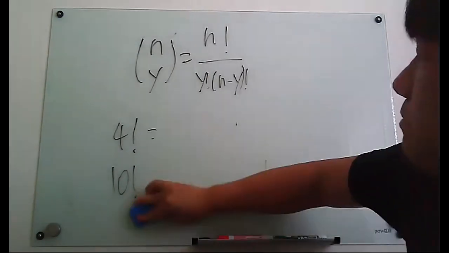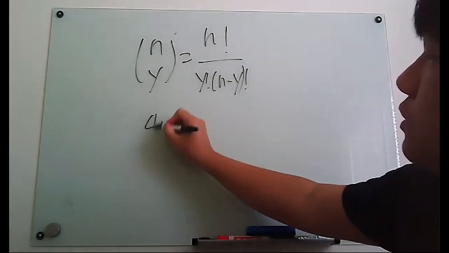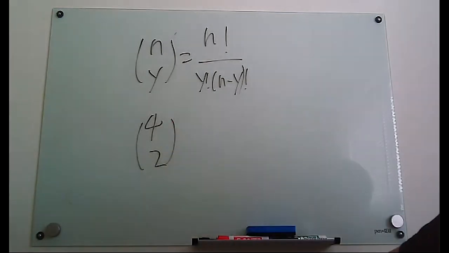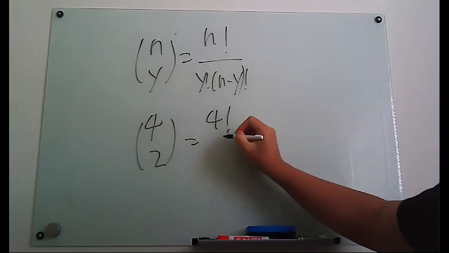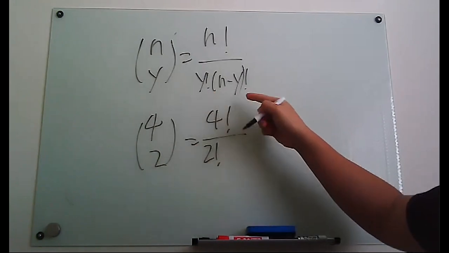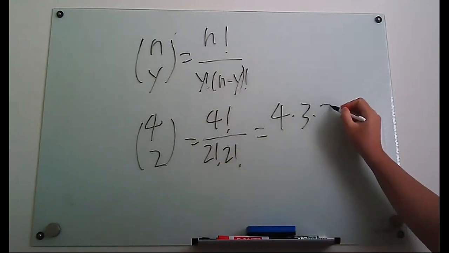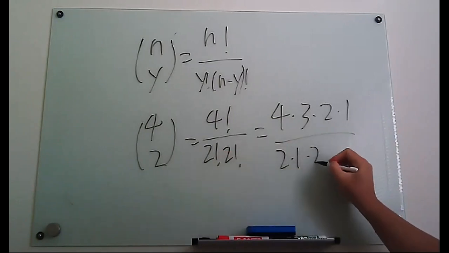Let's do some simple math. Previously we had 4 reservations, looking for y equal 2. So 4 combination 2 is what we were looking for. Using this formula, it's 4 factorial over 2 factorial times n minus y, which is 2 factorial. If you do the math, it's 4 times 3 times 2 times 1 over 2 times 1 times 2 times 1.